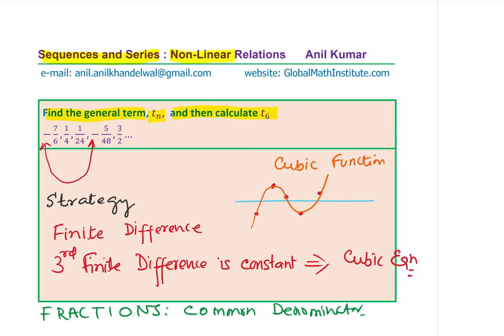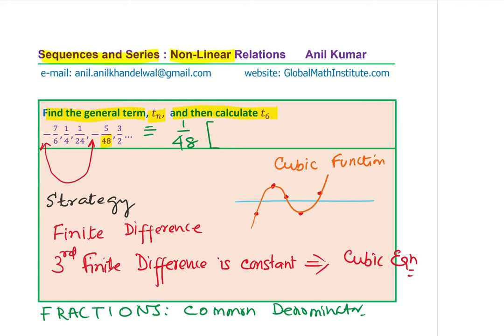We could write all these as an equivalent value to 1 by 48, since 48 is the common denominator, the highest common factor in this particular case. So we could rewrite this series in a fashion that we can take 1 by 48 common.